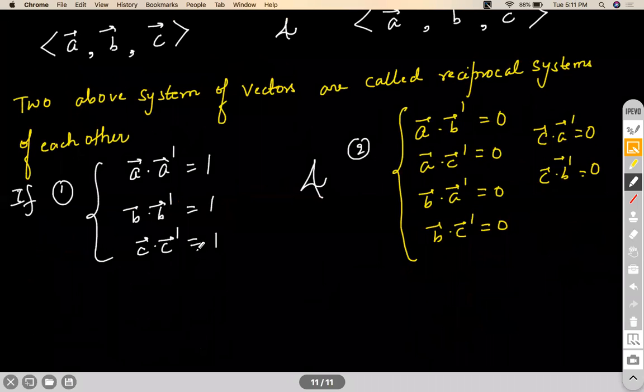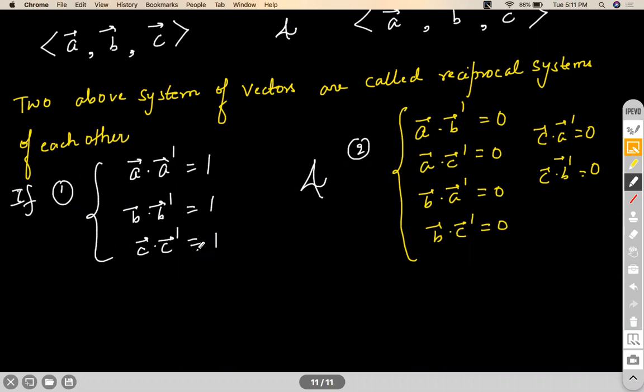Why it is called reciprocal system of vectors, we will understand in some time when we look into more detail of this. You can say the i j k triad is its own reciprocal. A system of vectors is basically a set of vectors by which you can generate all the vectors in that space.